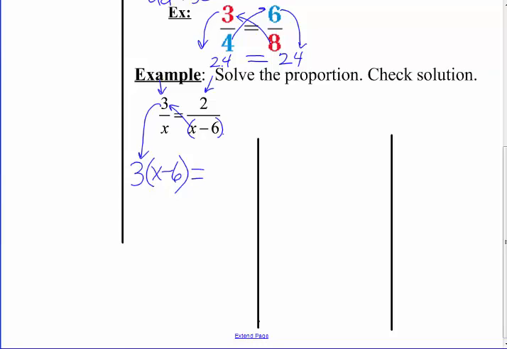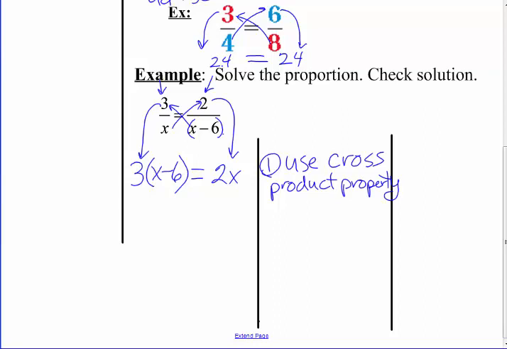On the other side, x times 2 will go on the right-hand side. So the first step, use cross product property. Now, it's just a regular solving problem like we've been doing the past few days.